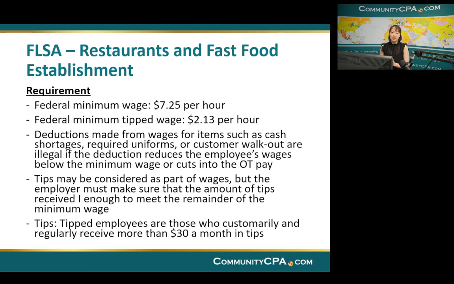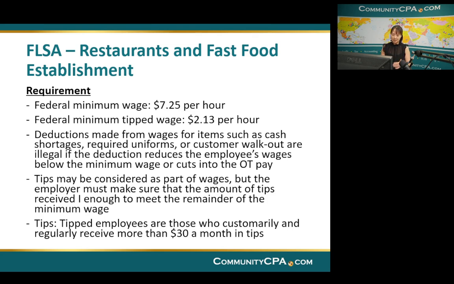The federal requirement has a minimum wage of $7.25 per hour. And if the employee receives tips, they must be paid a direct tip wage of $2.13 per hour. Okay.